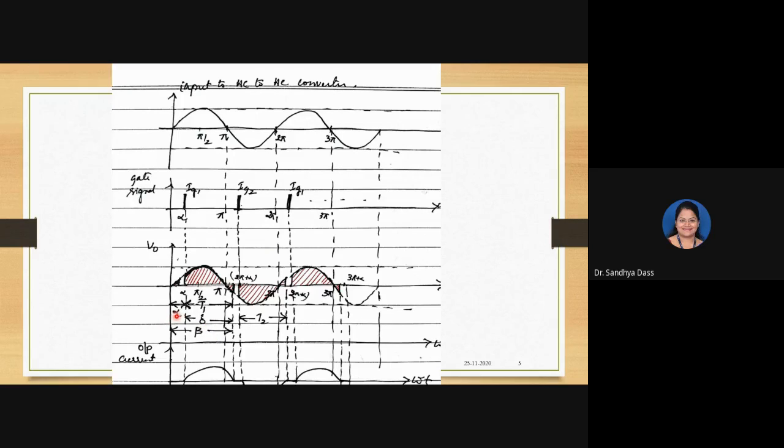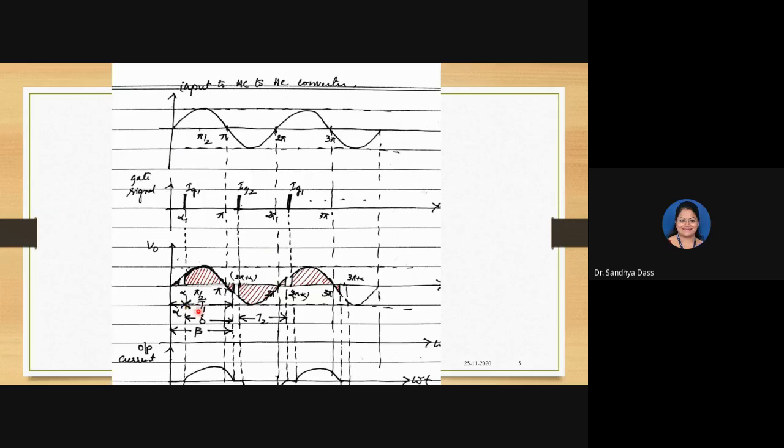Alpha, the firing angle or the delay angle, is the angle at which the thyristor will start conducting. Beta is the time duration at which the thyristor will stop conducting after it is turned on. And gamma is the duration for which the thyristor remains conducting.